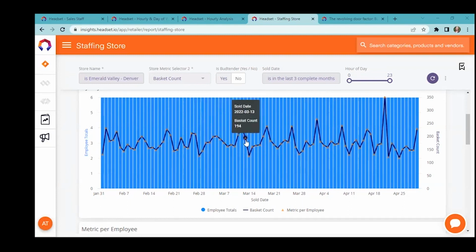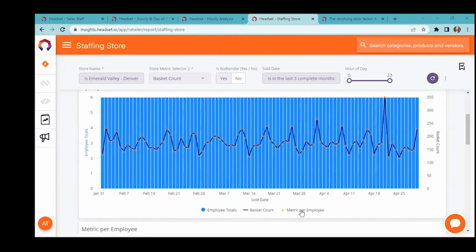You can see the ebb and flow of what that looks like every day. Looks like on our holiday, 420, recorded as 421 in our system, it had quite a high metric per employee compared to the rest of the days. So I would imagine that our employees were quite overworked that day or very tired at the end of it.